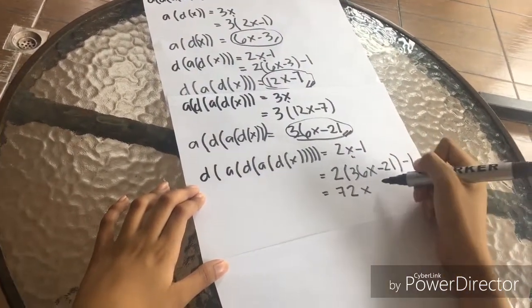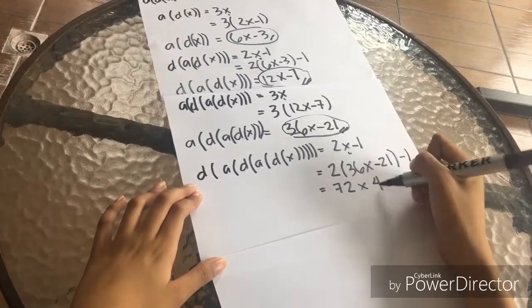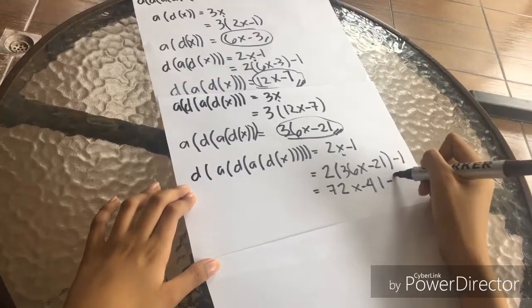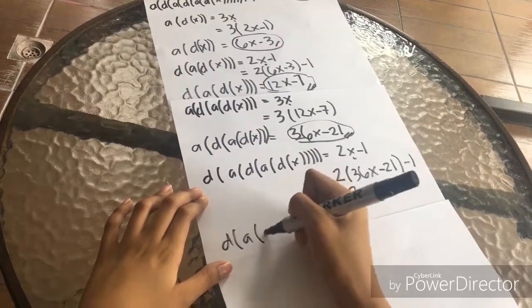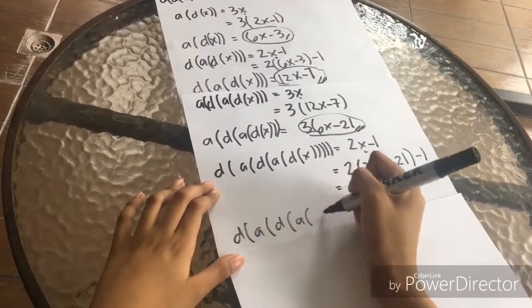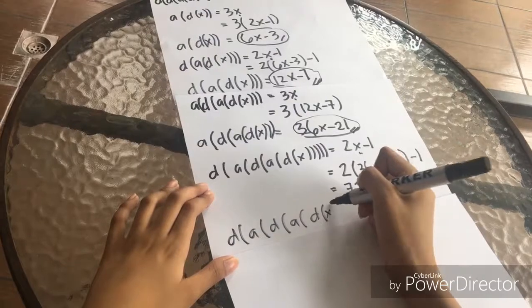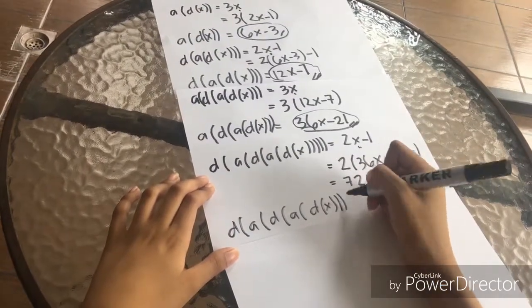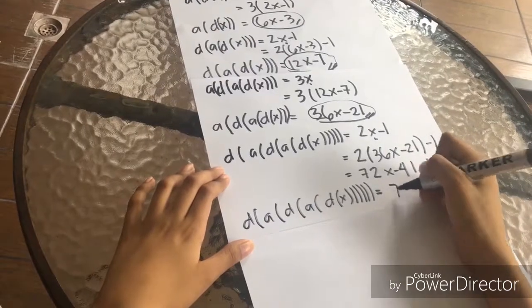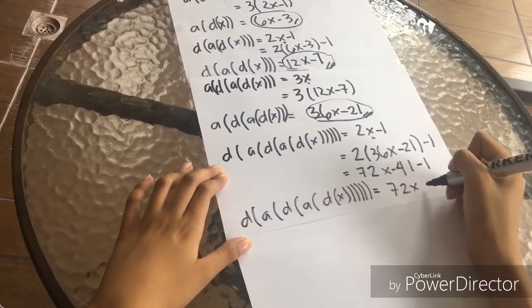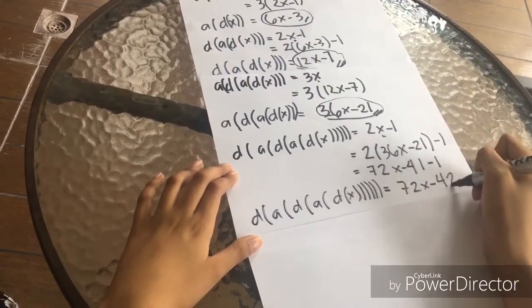So that will be 72x minus 42 minus 1. D of A of D of A of D of x is equal to 72x minus 42.